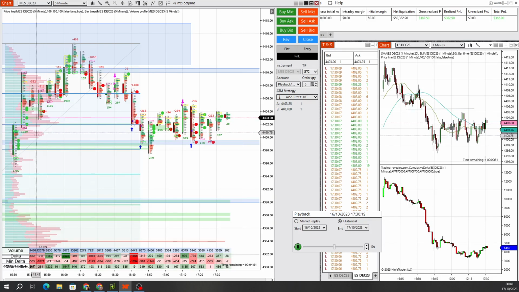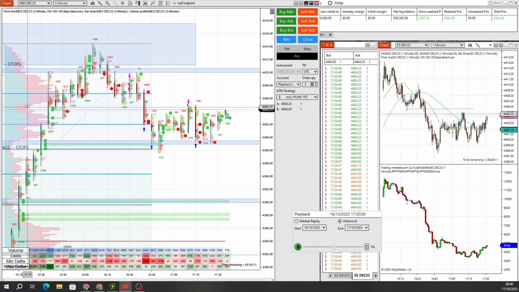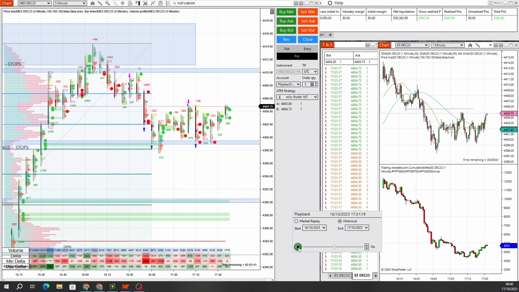So the price is pushing. Here we can see we still have this gap. Beautiful. Let's just stop here. So the price is coming back. What we did, we grabbed the liquidity, the initial liquidity, which was here.